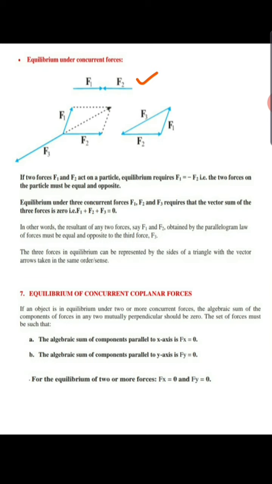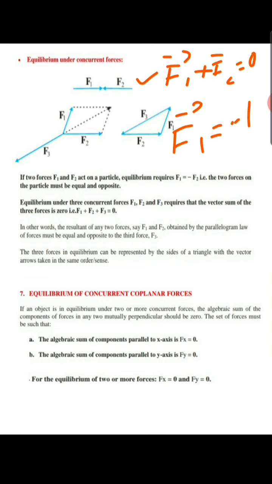For it to be in equilibrium, the vector sum of the two forces, that means vector F1 plus vector F2, should be equal to 0. Or vector F1 should be equal to minus vector F2. So that is the condition for the two forces to be in equilibrium.